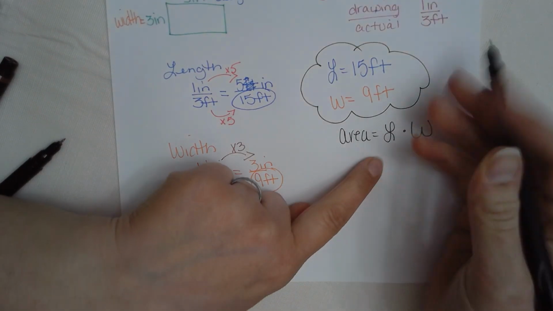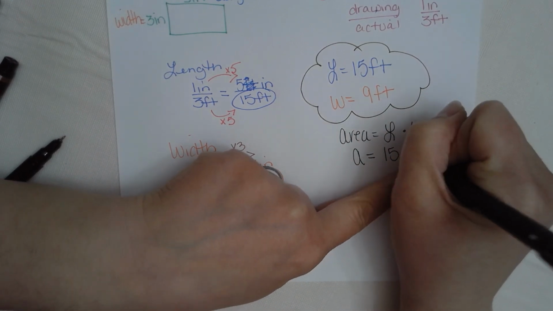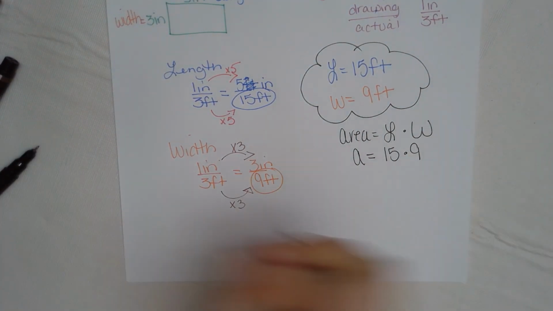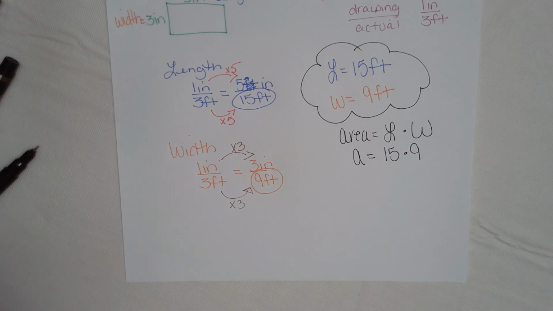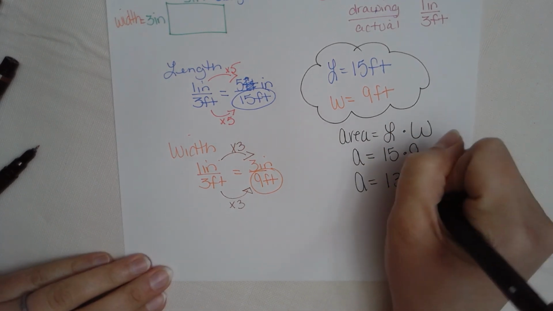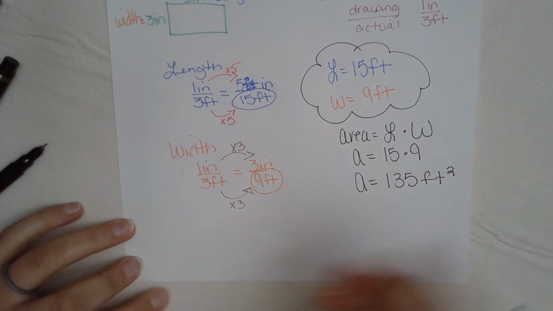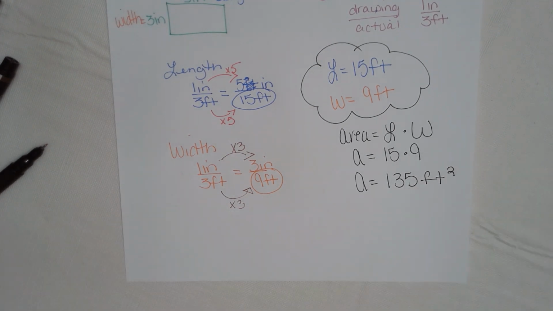So we're going to replace: A equals 15 times 9, and I'm just going to grab my calculator, and what do we have? 15 times 9, and that gets us an area of 135 feet squared. It does need to be squared because it is two-dimensional.